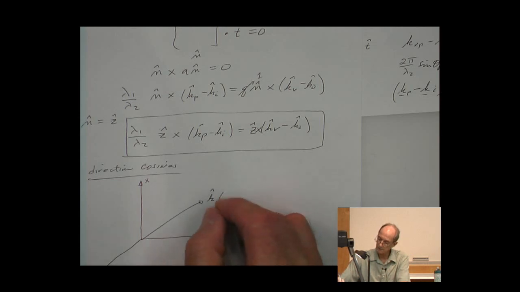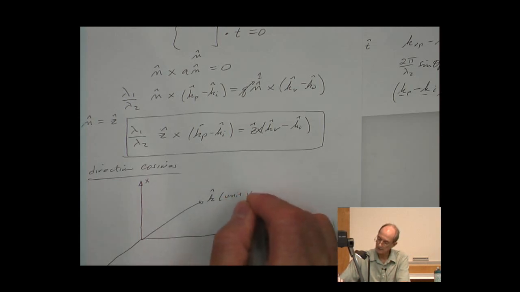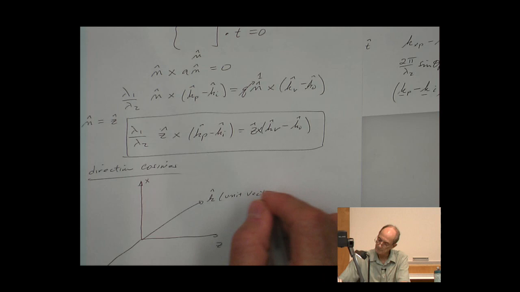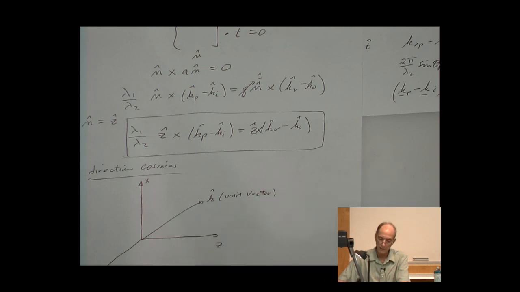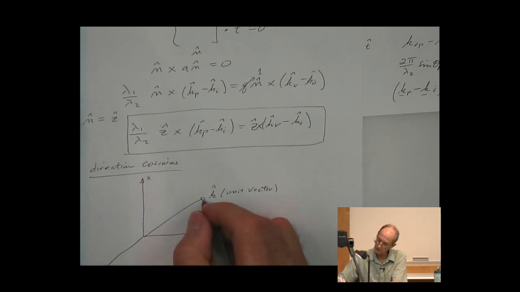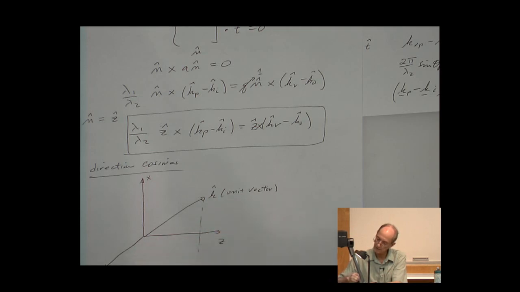We have that unit vector looking like that. Our direction cosines tell us that we can break down that unit vector into different components that lie along the x, y, and z direction.